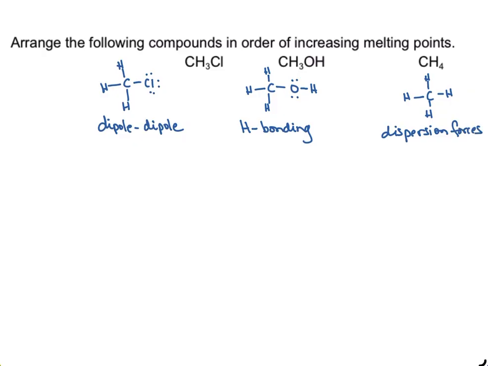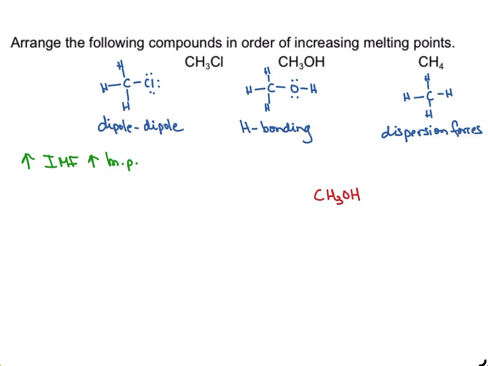I also want to remember the stronger the intermolecular force is, the higher the melting point is. So the molecule that has the highest melting point is going to be the one that has the strongest force.